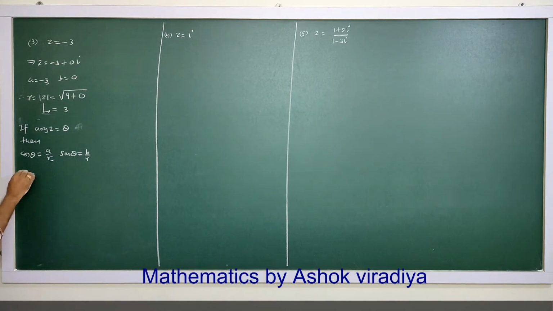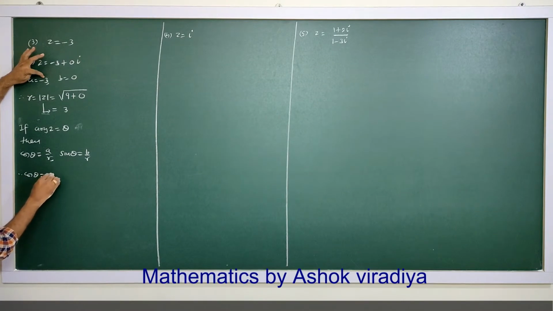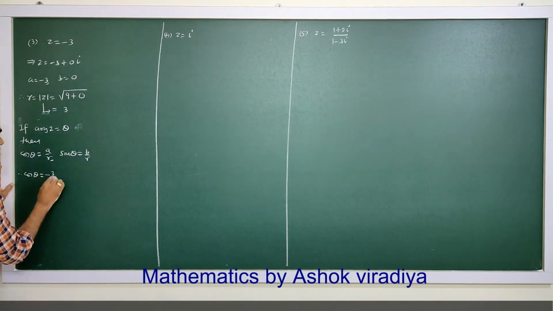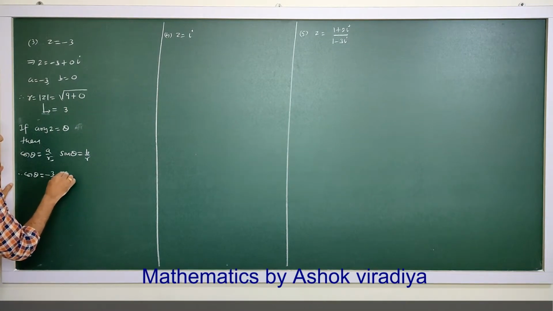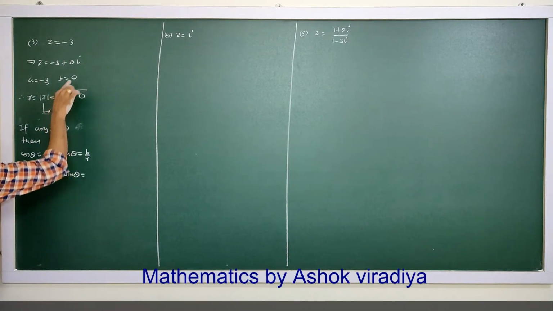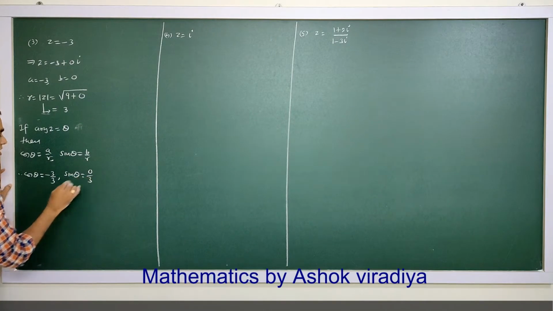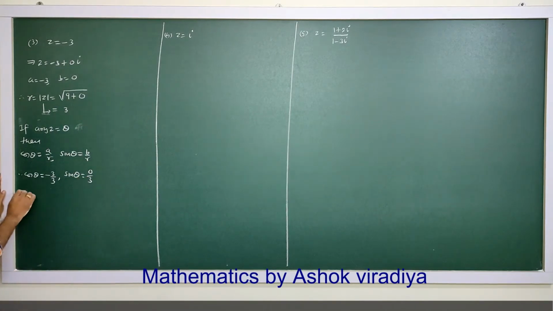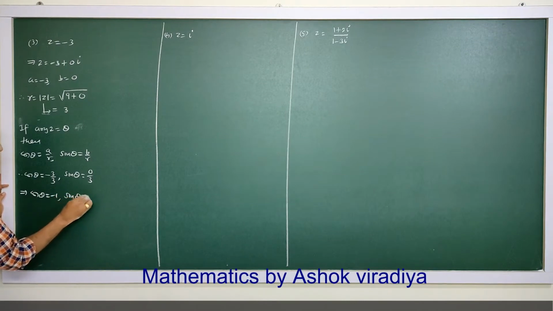So cos theta is, a is minus 3, r is 3; sin theta is, b is 0, r is 3. So cos theta is minus 1, sin theta is 0.